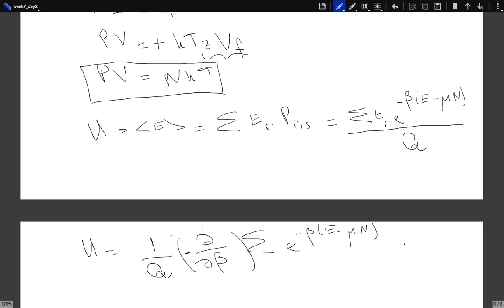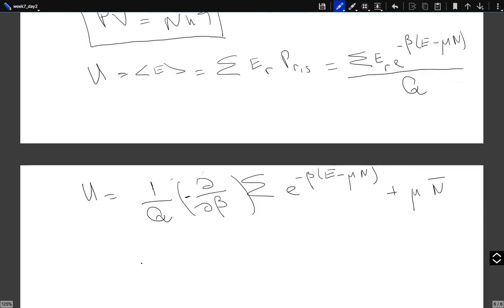So I should add to this mu n average. So U is equal to minus the derivative with respect to beta of Q at constant mu and V, plus mu n average, if you like.